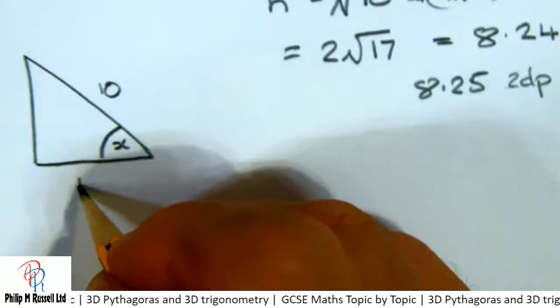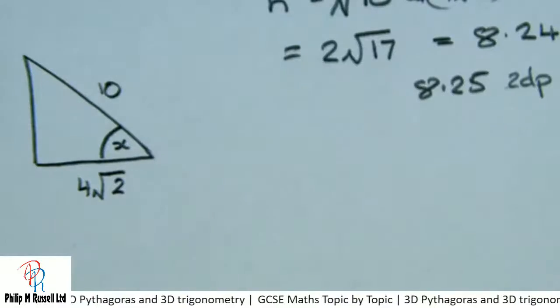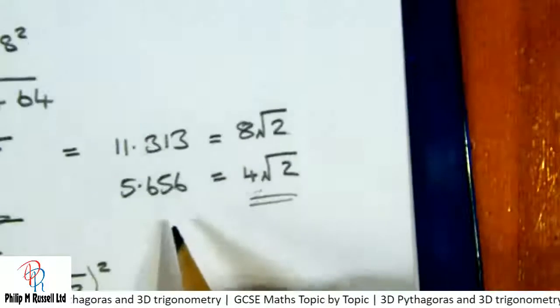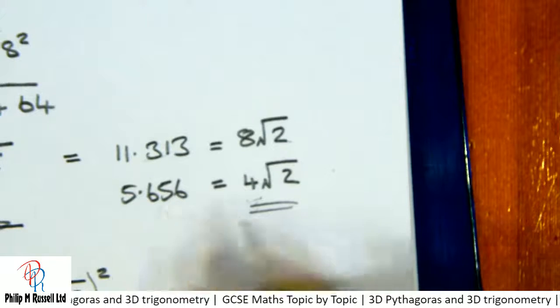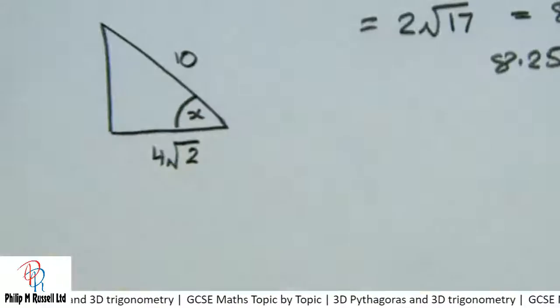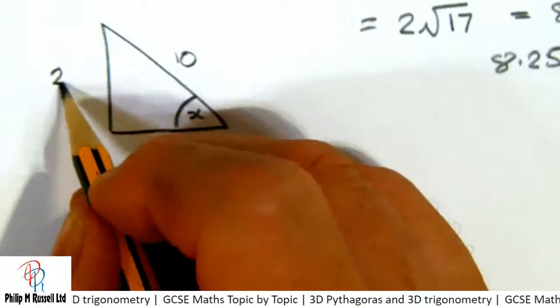I do know from my working out this is 4 root 2. We could use my number of 5.656 if I needed to here. It's just if I can work with surds, sometimes it's more exact. And I do actually know what this side is because I've calculated it.